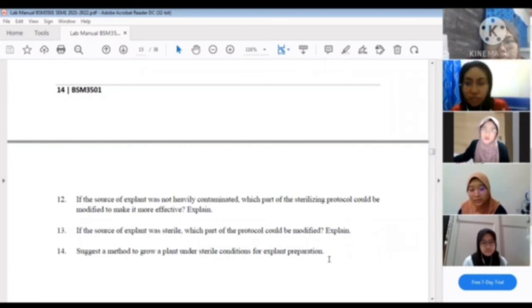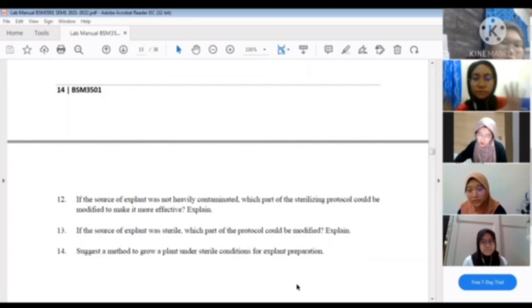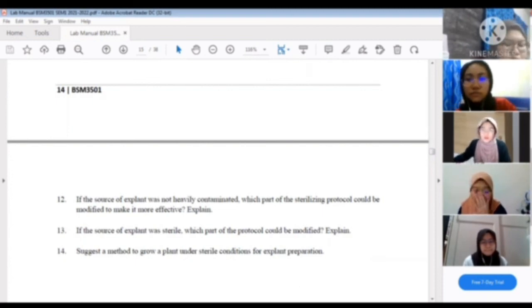The technique of tissue culture is used for propagation purposes, also called micropropagation. So we focus on eliminating the germs or any microbes that will interfere with the experiment.